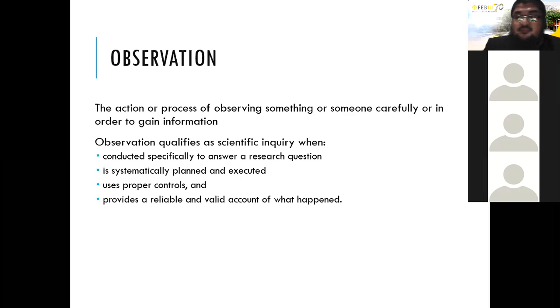If we observe only on the weekend, we fail to get what's occurring during the weekdays. And if we only observe during the weekdays, we fail to get what is happening during the weekends. And also providing a valid and reliable account. For example, we record the observation and we analyze the data based on that recording. I think that is considered a valid and reliable account.